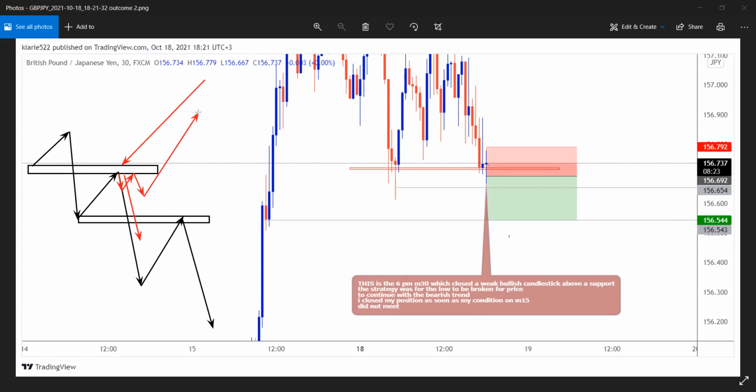Unaona imeenda juu. Ukiona imeenda juu, unajua this is not your setup. This is your setup. Unaona? This is your setup. But this time it didn't work. That means you don't abandon that setup. You won't abandon it. Unagojea tu, unaigojea, unasema next time it happen, and then your strategy should be above 70% correct each and every time you take that trade.